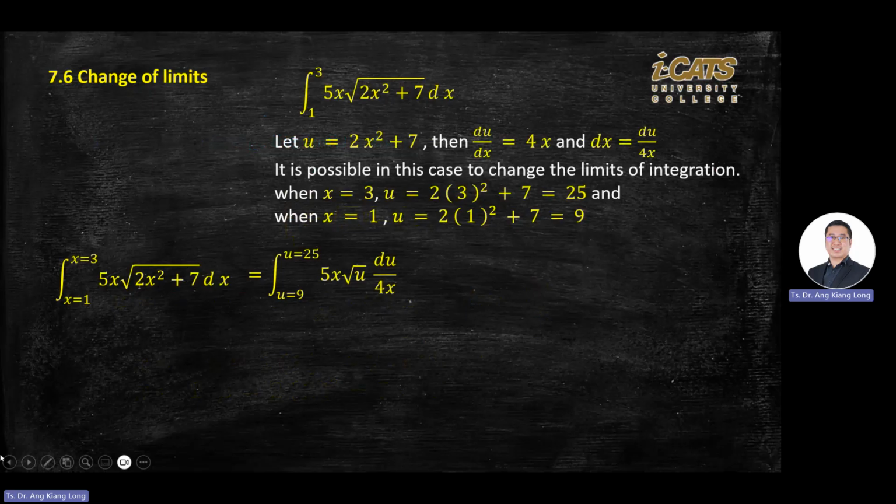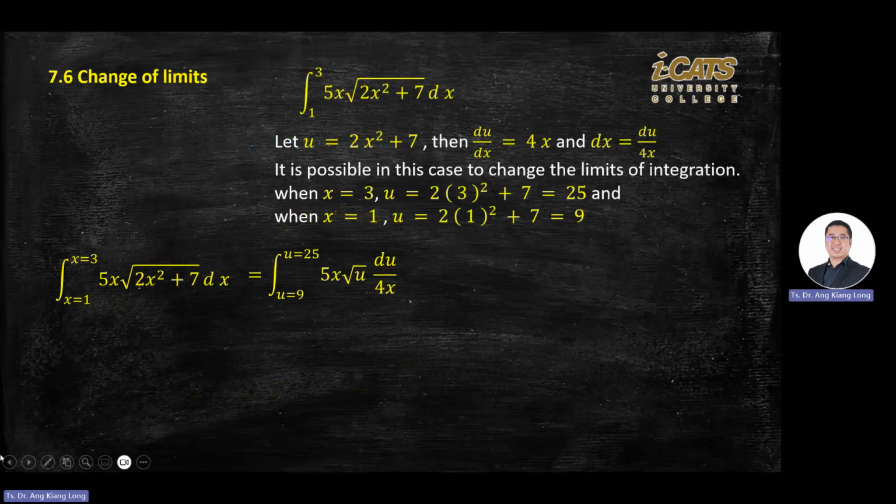Just now, all the examples were without limit. Take note, that's why we always arrive at plus c. But now, if you are given the limit and you are doing substitution, remember to change your limit. This will be the careless mistake when you come to the final exam.